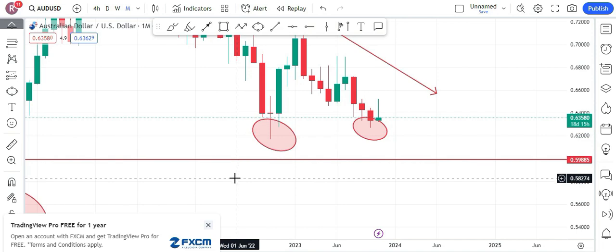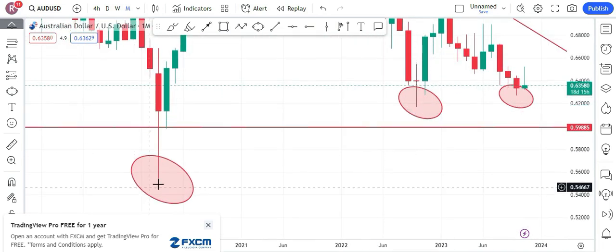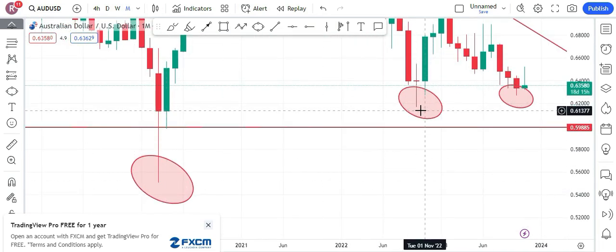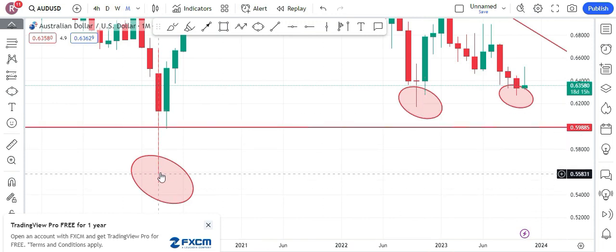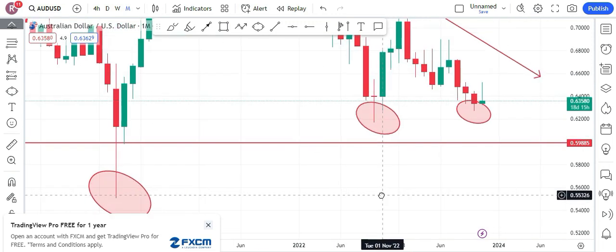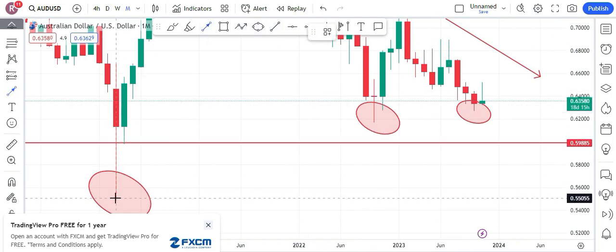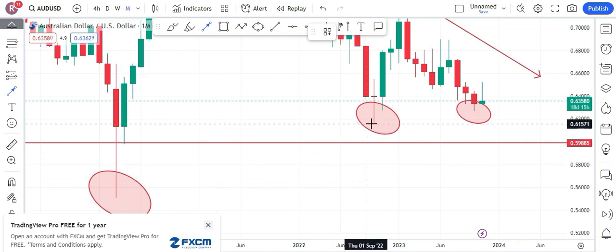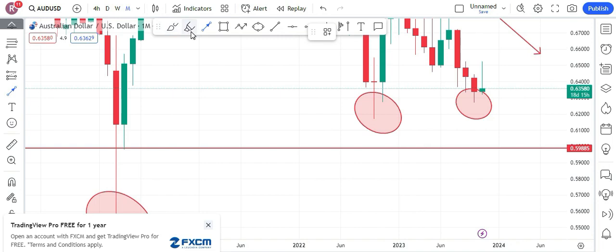If we compare this one with this one, it is a much higher low than the lower low of this one. So we can say there is a shift in the market. The market is shifting or drifting a little bit from bearish to bullish mode at the moment, on the monthly chart we can say.